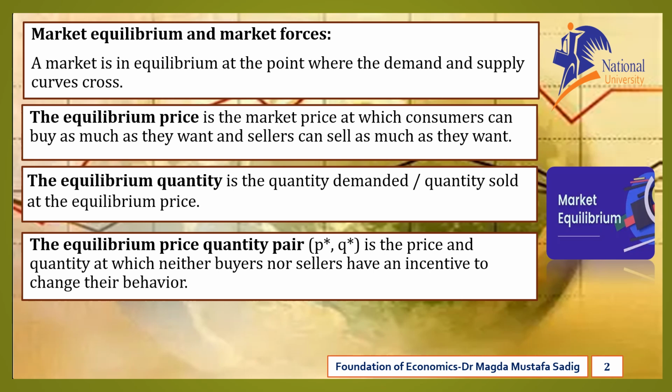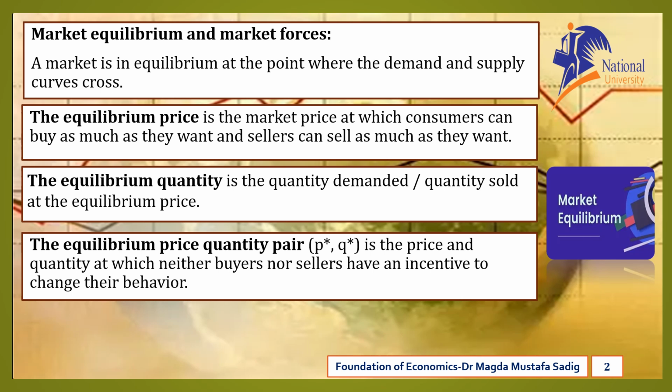This happens at the point where the demand curve and supply curve intersect, and this can be shown in the next slide graphically. At this point, there is no shortage and no surplus.